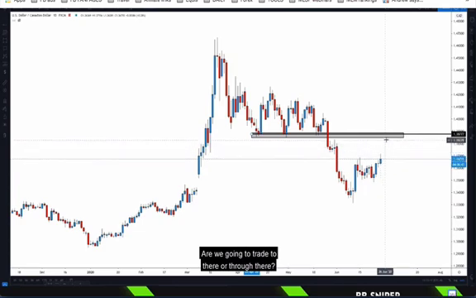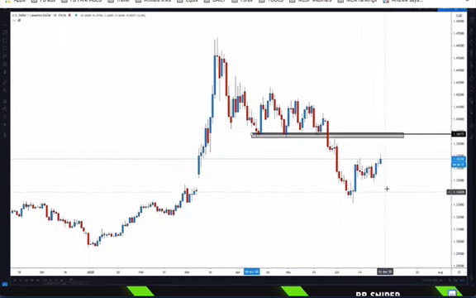Are we going to trade to there or through there? Time will tell. But for now, we use it as a target.